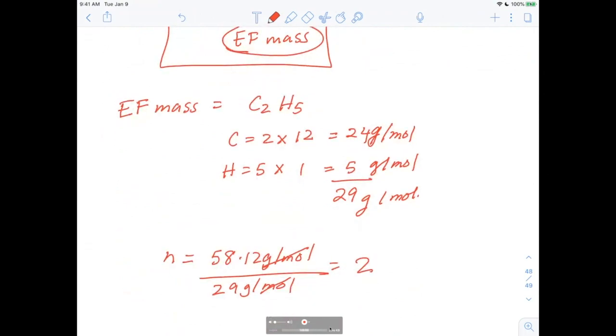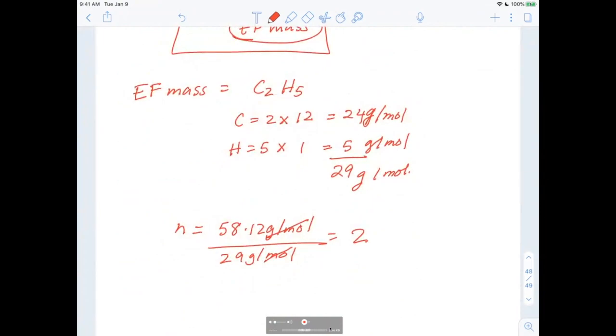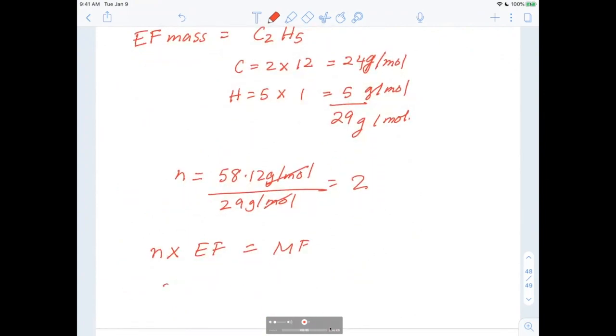So if you take the N we just solved for and multiply it by the empirical formula, we get the molecular formula. Our empirical formula is C2H5, so 2 times C2H5 equals C4H10. Look at that. You're multiplying the number by the subscripts. That's it. So this is our molecular formula right here.